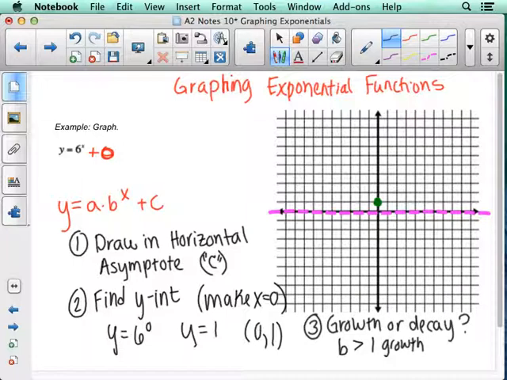And if your b is between 0 and 1, so bigger than 0 and less than 1, it's going to be decay. So here we have 6, and 6 is bigger than 1, so this is going to be exponential growth. So I'm going to draw my graph, and from left to right, it's going to grow exponentially. And notice that on the left, it gets really, really close to this horizontal asymptote, but it never actually touches it. And that's it. There's my graph.